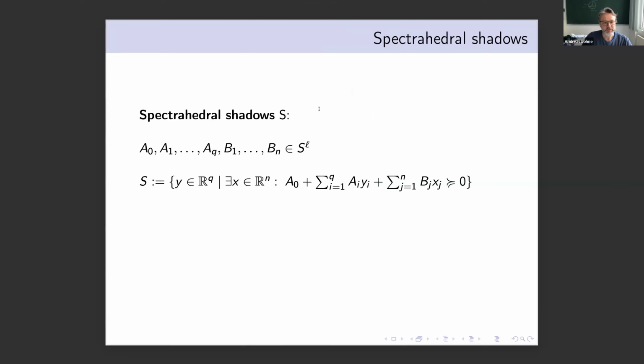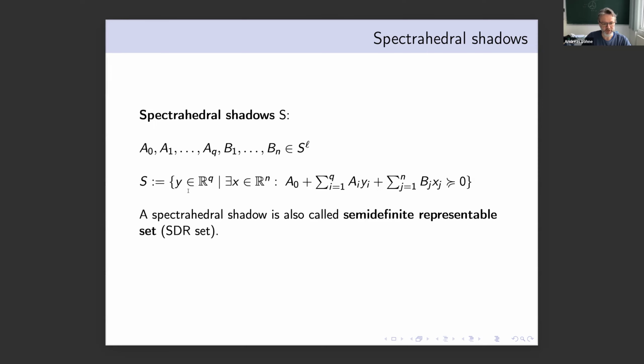What we can do is to introduce something which we called P representation in the polyhedral case, and which is called spectrahedral shadow in the spectrahedral setting. This is the same idea. We have a linear matrix inequality here in the variables X and Y, and we project it down to the Y variables.